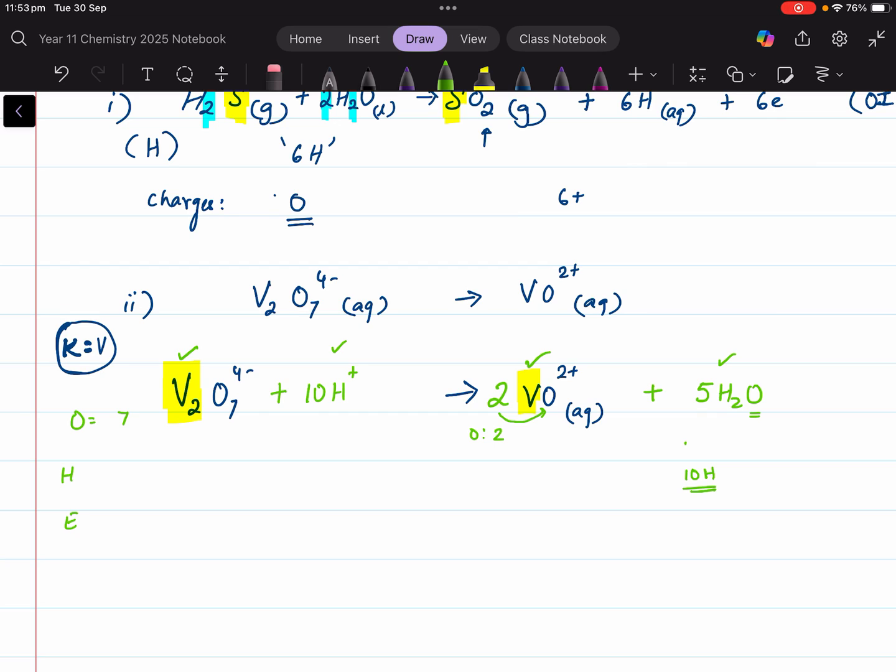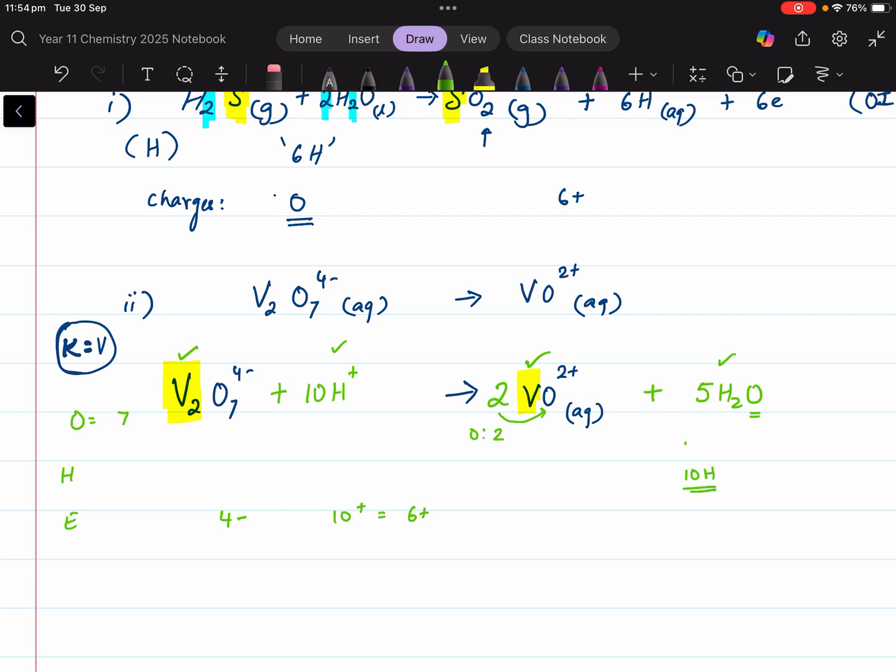I'm going to add electrons to the more positive side to equate the charges on both sides. So let me firstly count how many charges I have on the left and on the right. What I can see here is I have 4 negative charges here and 10 positive charges, which is equal to 6 positive charges on the left hand side.